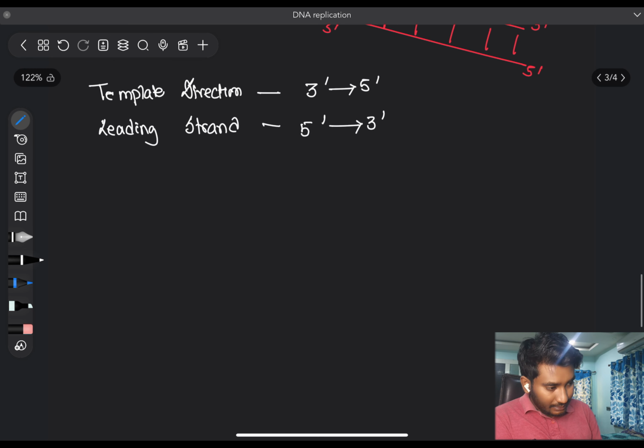Okay, the need for more than one primer. What is the need? Why is there a need for more than one primer?